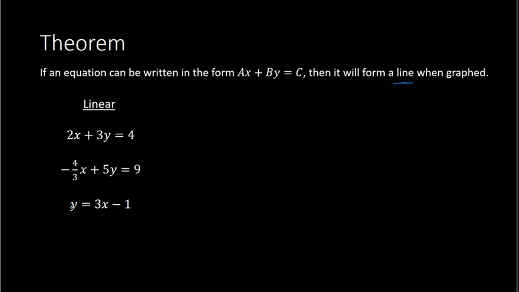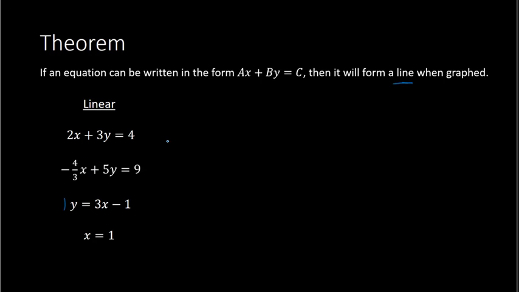Alright, so the number with the y would be a 1 in this case. And I can rearrange this to look more like the original format. So if I wanted to, I could bring the 3x to the left, and it would be negative 3x plus 1y equals negative 1. And that would look more like the other two types of equations that we had written right here.